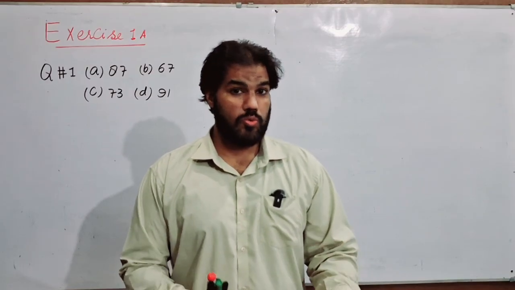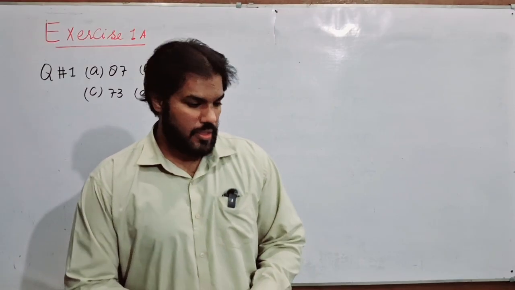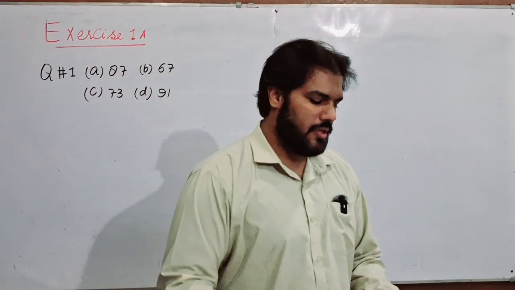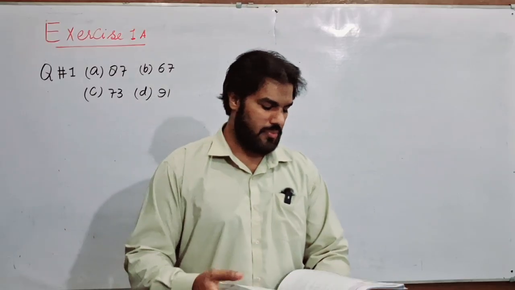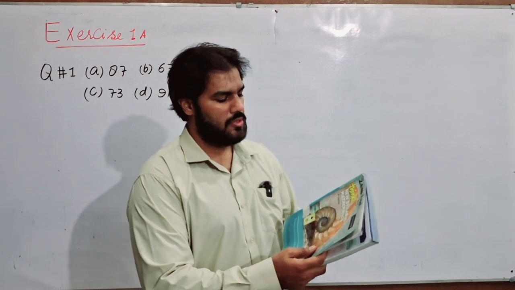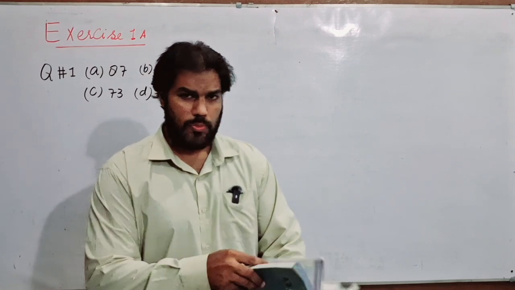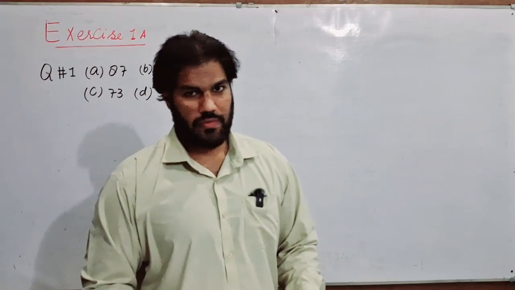How can you find the given number is prime or not? In today's lecture, we are going to start exercise 1A, and the book that I am using here is the Think New Syllabus Mathematics 8th edition. This is a good book, and this book is very nearly close to your final exam of O-level mathematics.